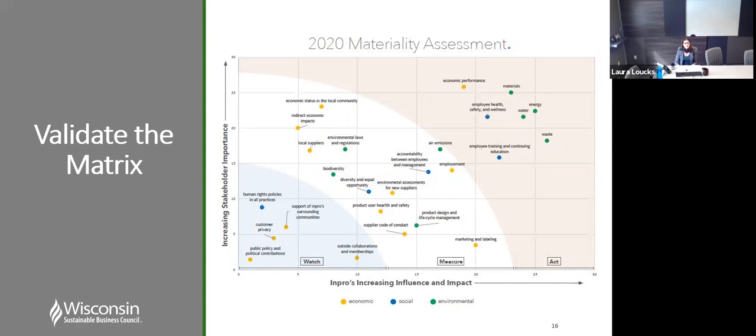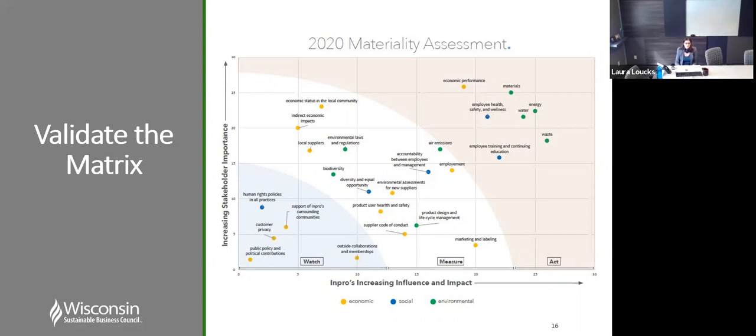After we looked at this, there were actually a couple of things that we also moved around. There were a couple of things in the watch category that we wanted to move up into the measure category. And so we moved a couple of things to make sure that it reflected what we wanted to be focusing on.